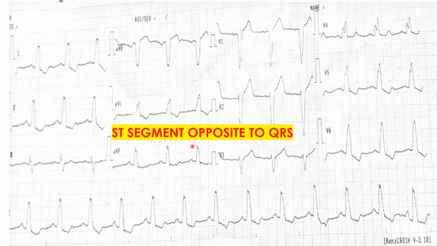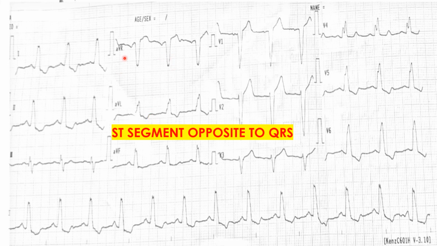Now the ST segment should be opposite to the QRS complexes. By this we mean: look at the QRS complexes. Here we can see that there are positive QRS complexes and there is negativity in the ST and T waves. This is a kind of discordance, and you can see it almost everywhere.